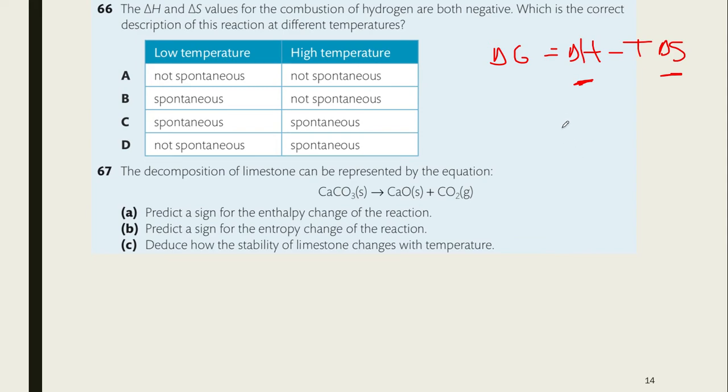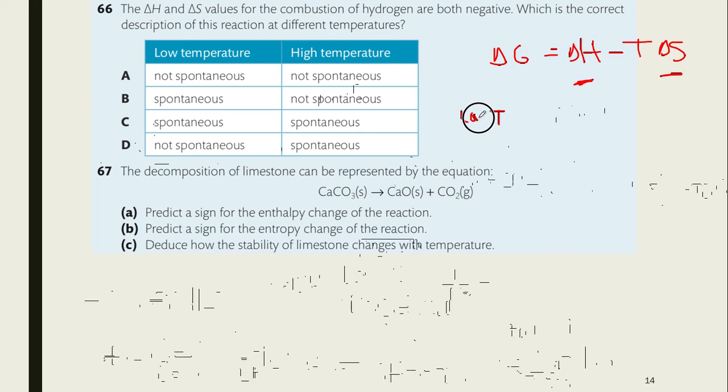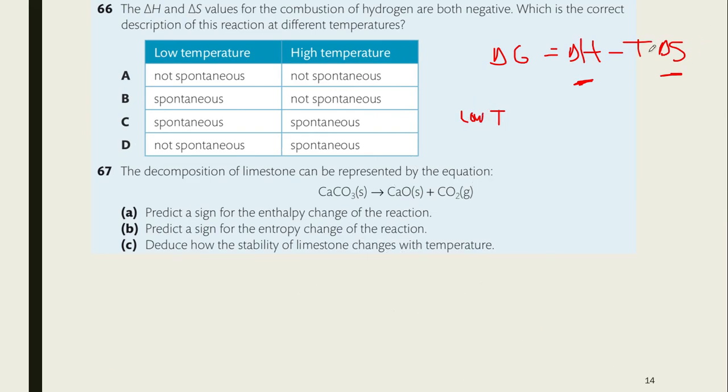Okay, well, let's look at a low versus a high temperature. At low temperature, right? Remember, this second part is not going to play a role.